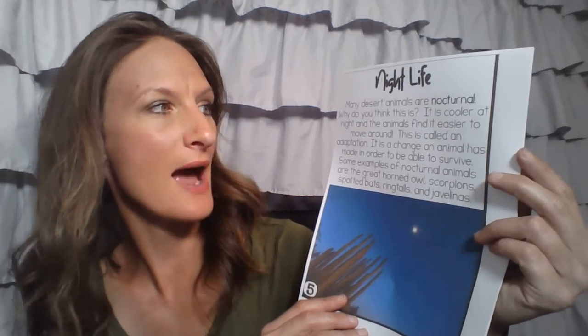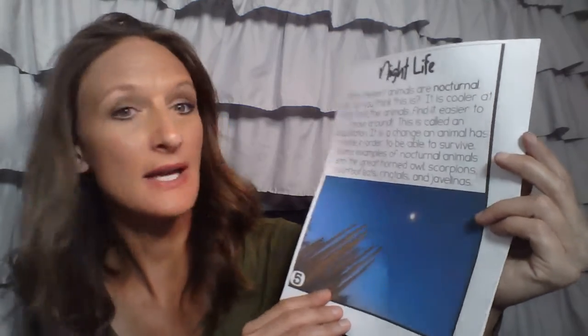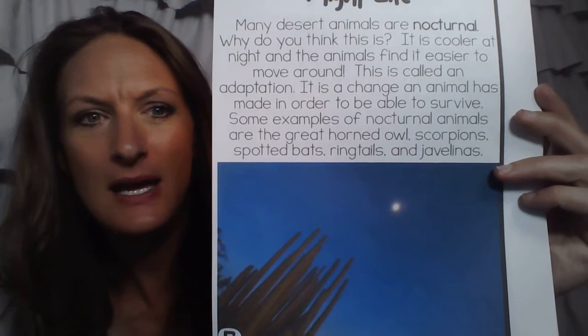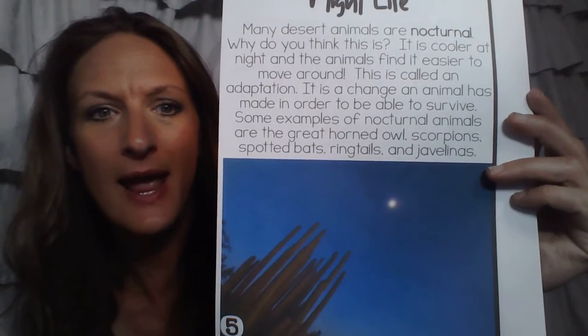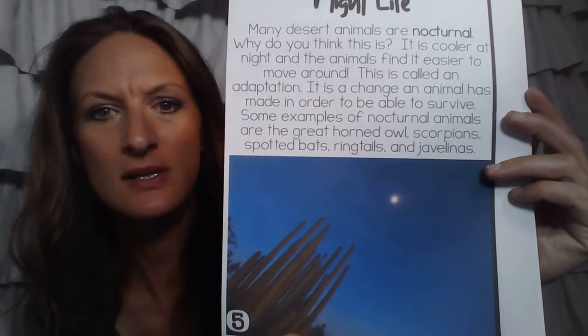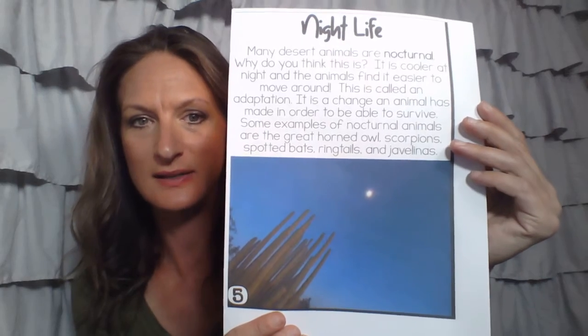It's cooler at night, and the animals find it easier to move around. This is called an adaptation. It is a change that an animal has made in order to be able to survive.